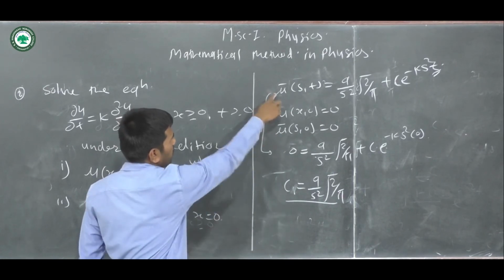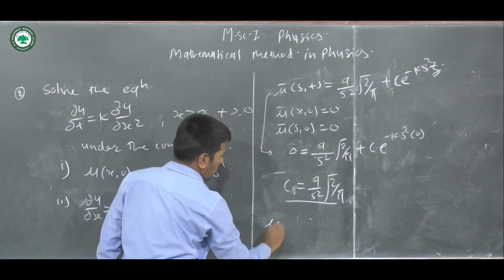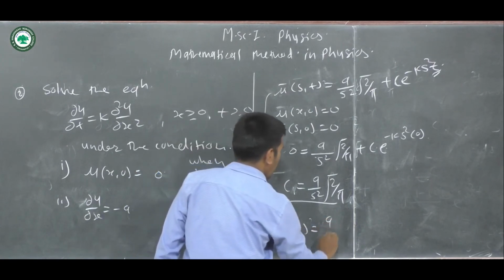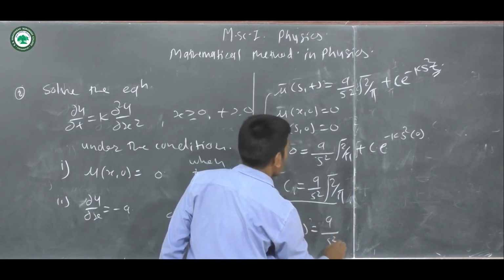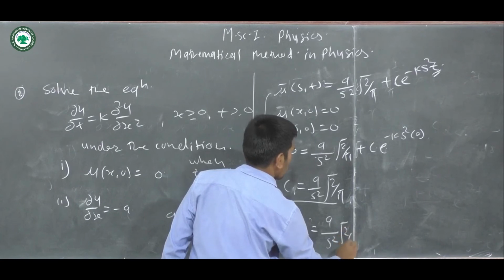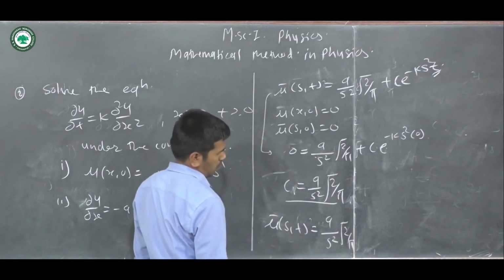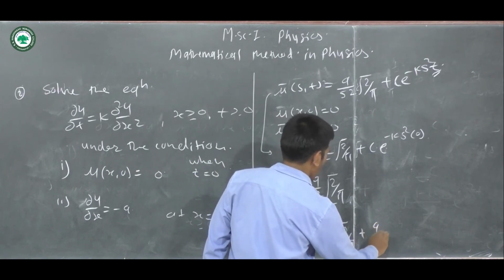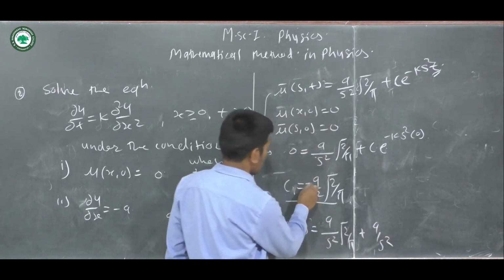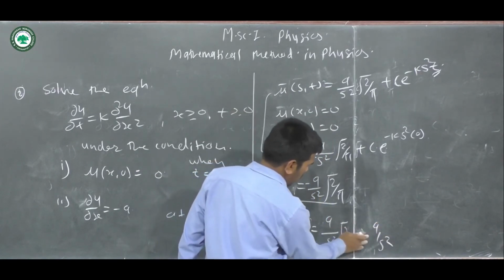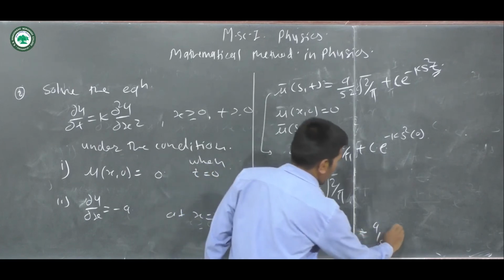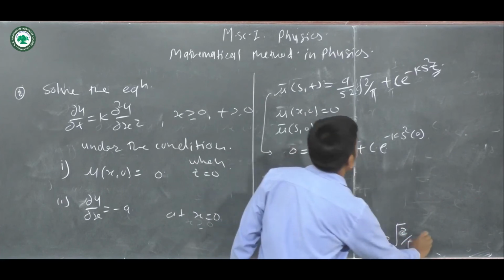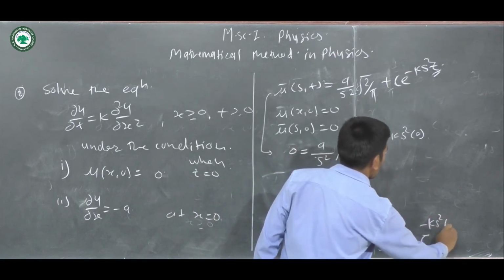Now from these expressions we can again write u bar, which is a function of s and t, is equal to a by s square into under root 2 by pi, plus, here is a minus sign, a by s square under root 2 by pi e raised to minus k square into t.